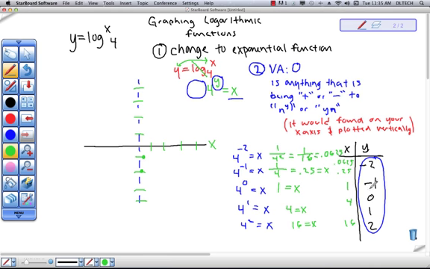Next, 1, 0. Let's go to our x-axis, go to 1, 0. Next one would be 4, 1. So go to our x-axis, go to 4, 1, 2, 3, 4, go to 1.